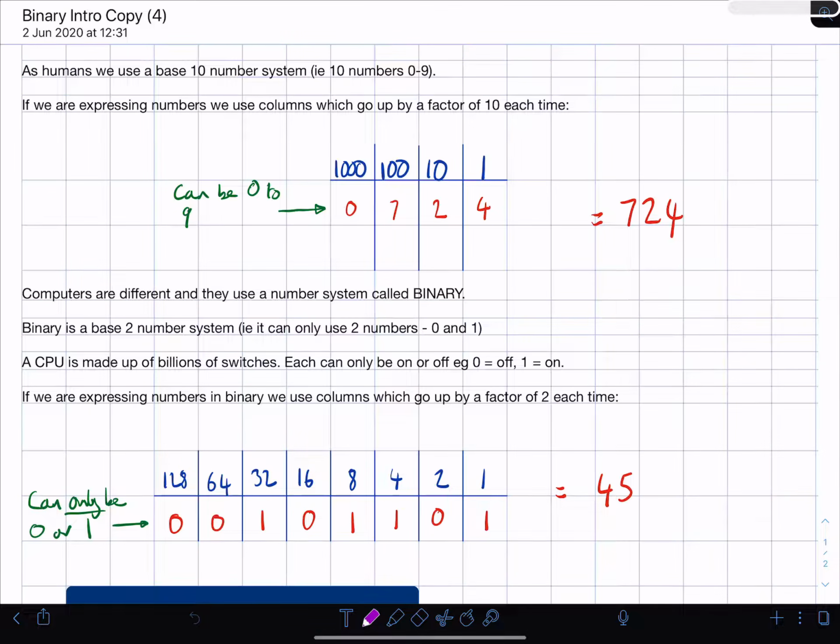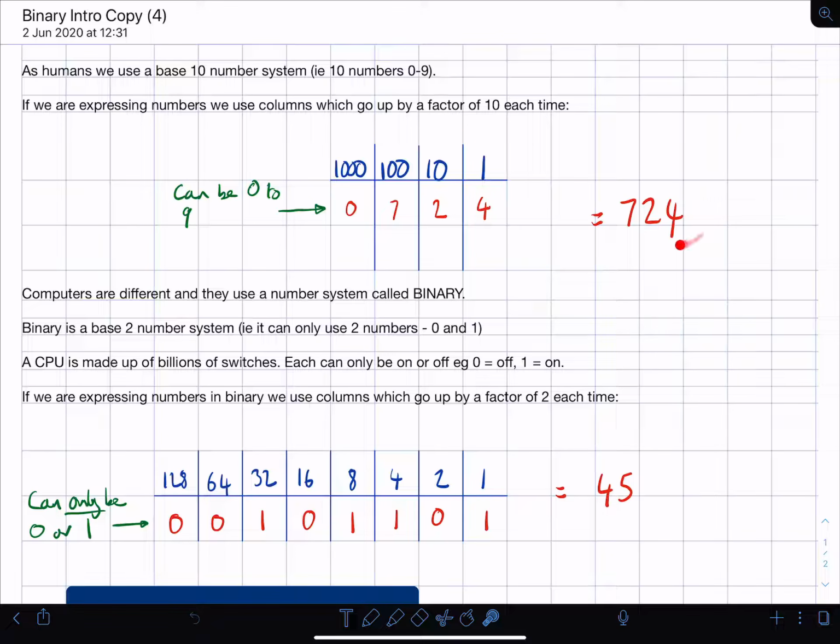To put it in some context, as humans, we use what we call a base 10 number system, sometimes called denary. We use columns: a column for units, tens, hundreds, thousands, and each time we go up a column, it increases by a factor of 10.